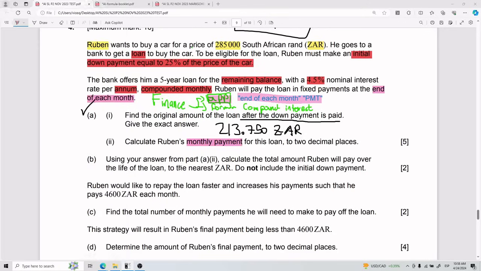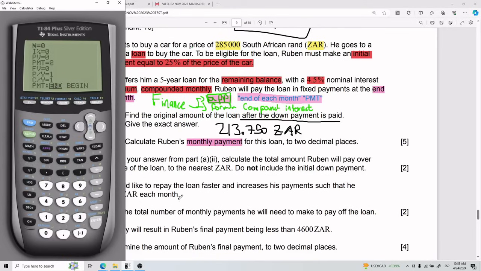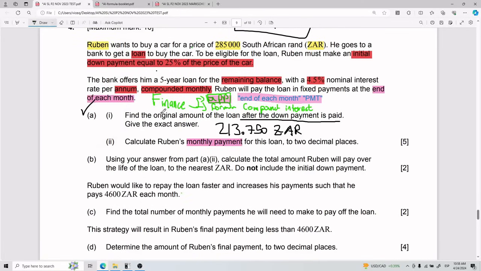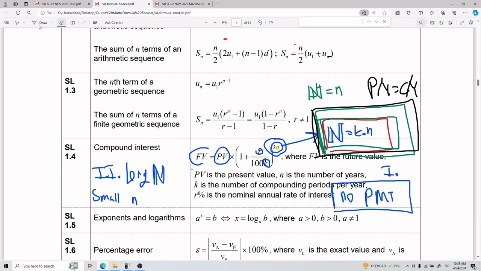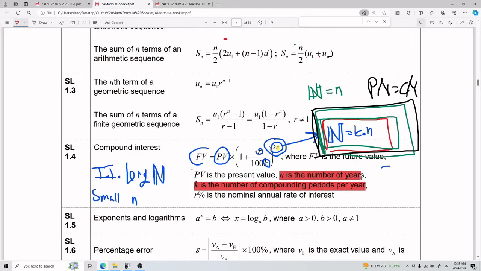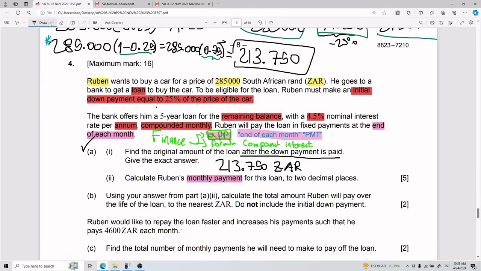And so I said that big N, the first thing I have to plug in, was k times n. Now what is k, what is n? K, as it says here, is the number of compounding periods per year, while n is the number of years. Oh, okay, so n is number of years, k is number of compounding periods per year. Here they tell me that it is compounded monthly.